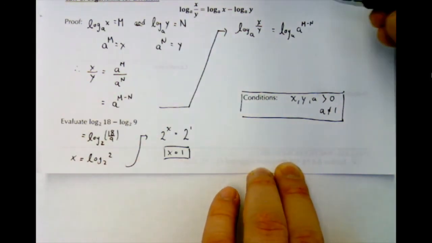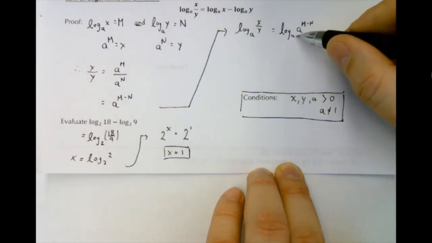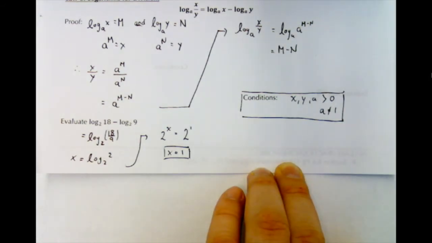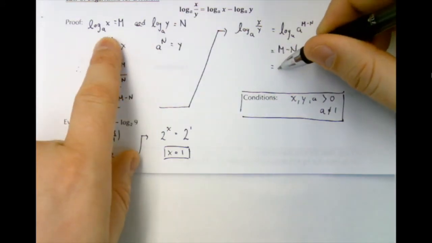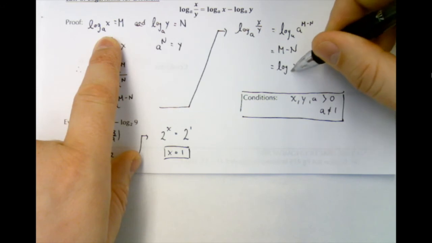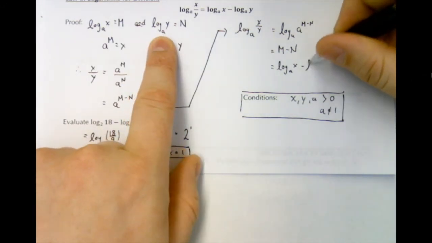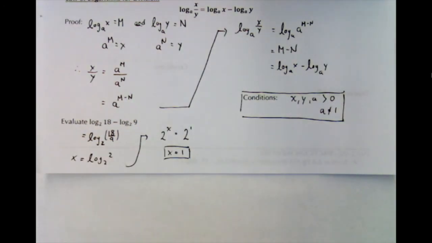And this is the common property of logarithms, where we have a power inside a logarithm which share the same base. So we can rewrite this as just the exponent m minus n. What's m minus n? Well, m is, from our initial definition, the log of x base a, subtract n, which is the log of y base a. And there we have demonstrated the law.